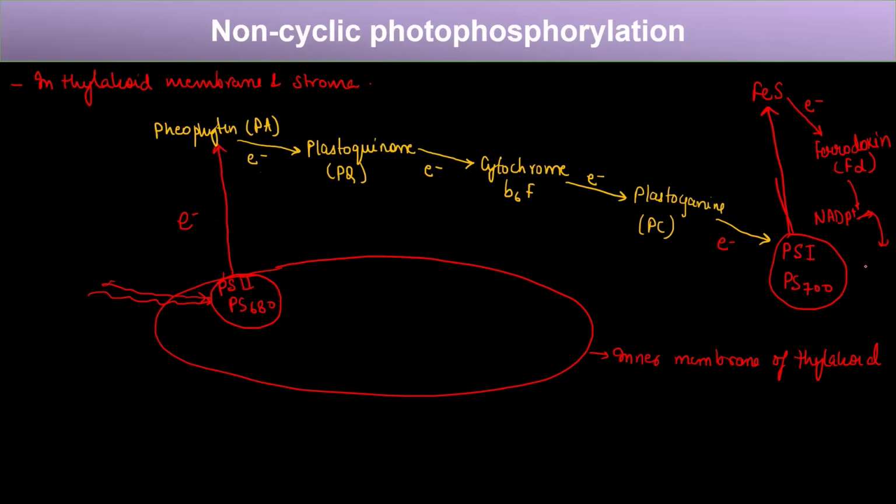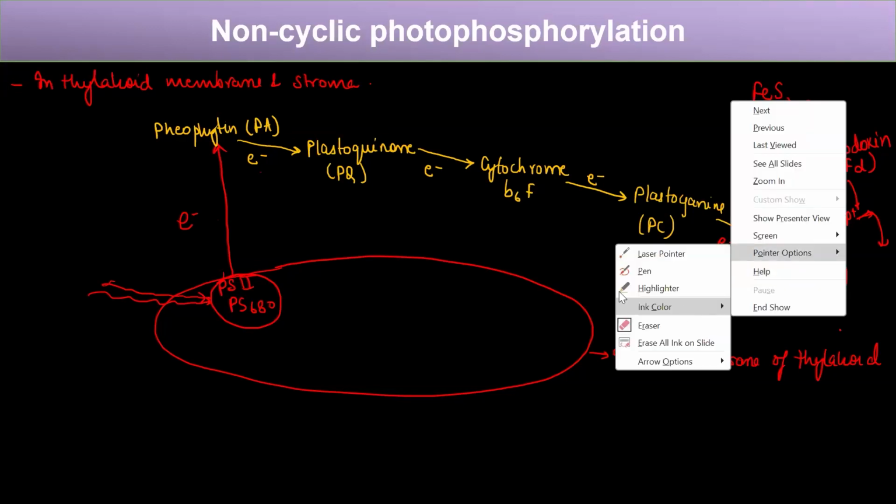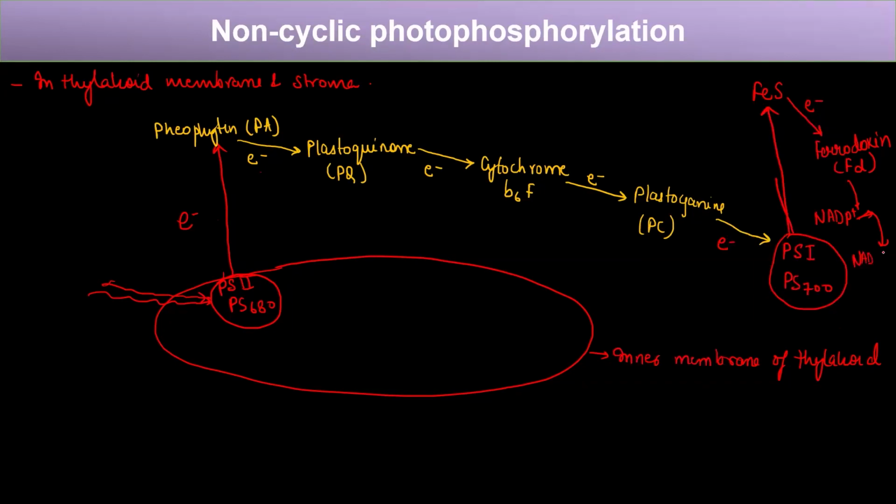So here I am representing it. NADP plus is getting converted to NADPH with the help of this electron. And not only the electron, NADP also requires H plus ion. So the reaction will be NADP plus H plus leads to NADPH formation.